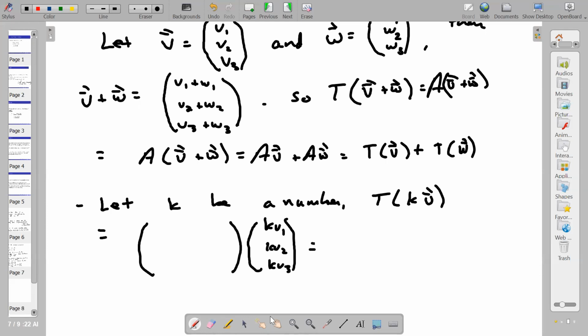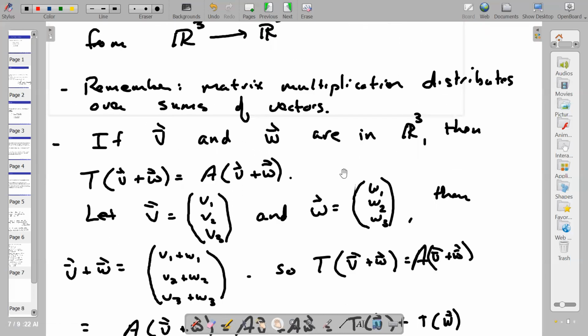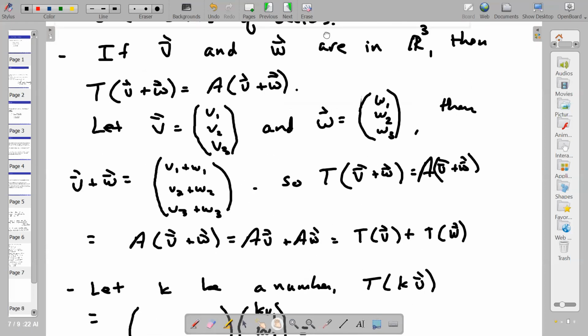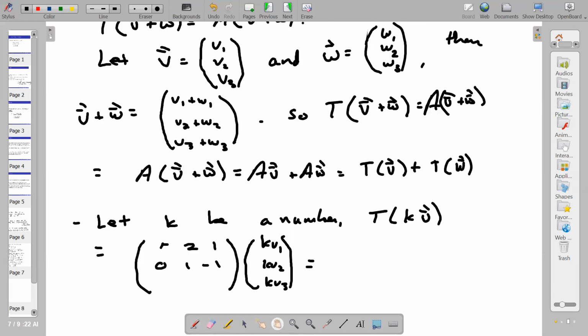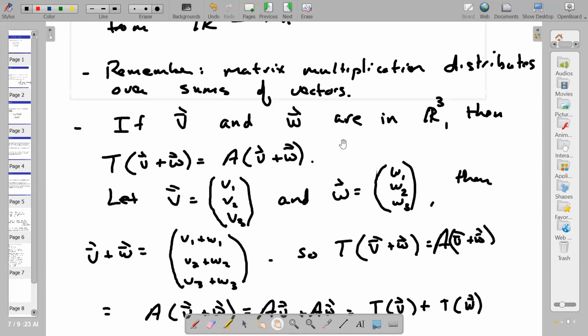Let me go up here to remember the matrix. 1, 2, 1, 0, 1, negative 1, and the last row is 5, 1, 2.